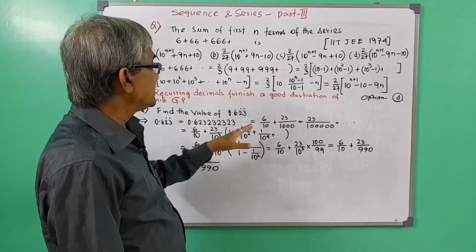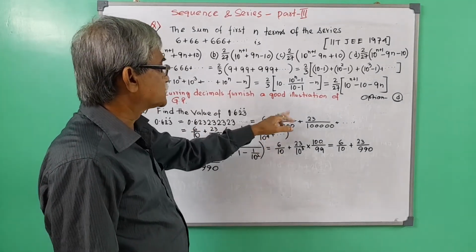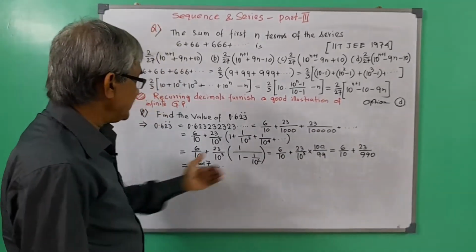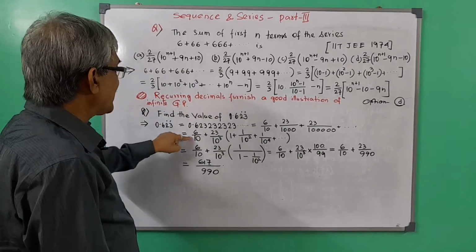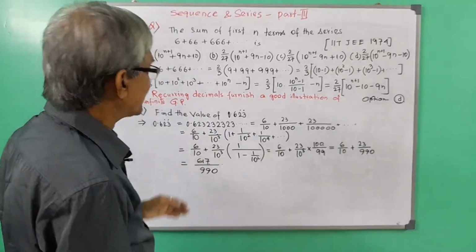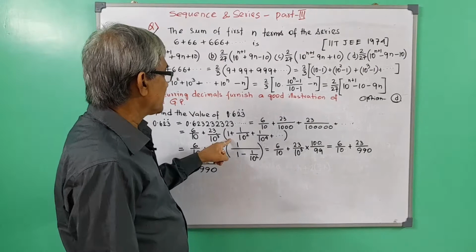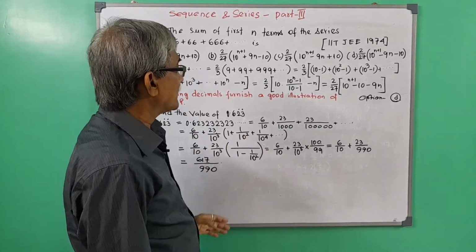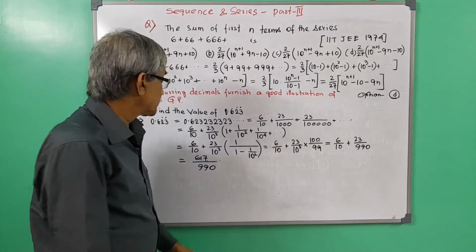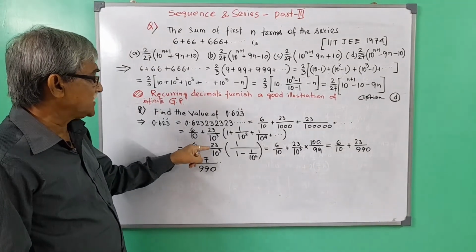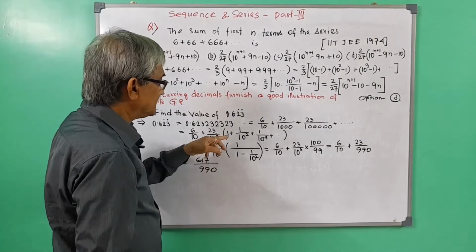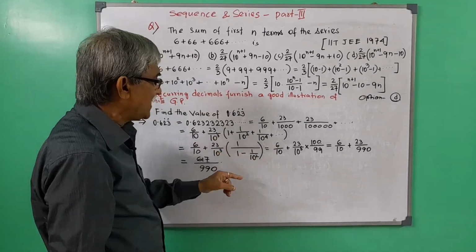So this can be written as 6/10 plus 23/1000 plus 23/1 lakh, and this way. So this is 6/10, and from the next portions I have taken 23/10 to the power 3 as common. So the first one is 1, then it is plus 1/10 square plus 1/10 to the power 4, and this way. So this is 6/10 plus 23/10 cube whole into, this is an infinite GP, the first term being 1, upon 1 minus r.